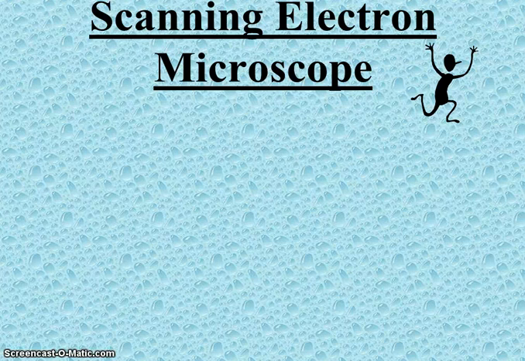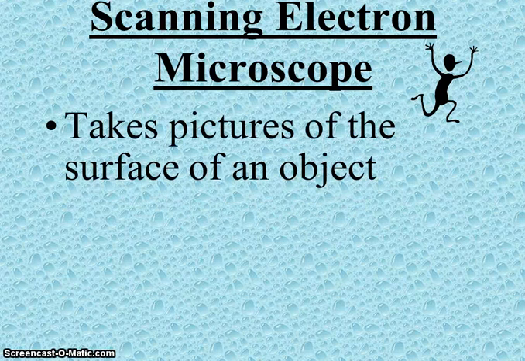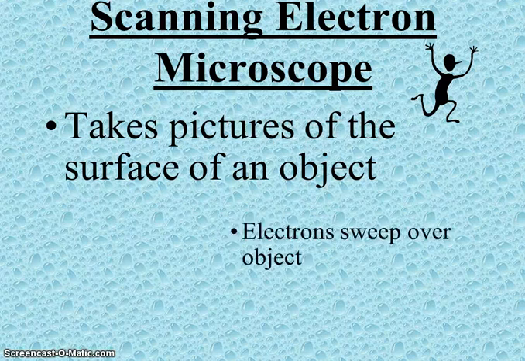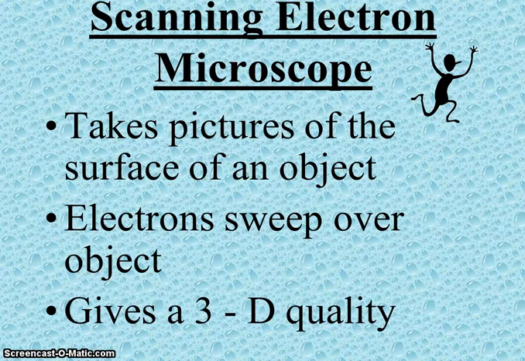Scanning electron microscope shows a lot of detail. It's going to take a picture of the surface of the object rather than taking the thin slices and having a beam of electrons pass through it. So with the scanning electron microscope, we take a picture of the objects, the electrons sweep over it, magnets are used to focus it, and it is projected, but it will give a 3D quality.